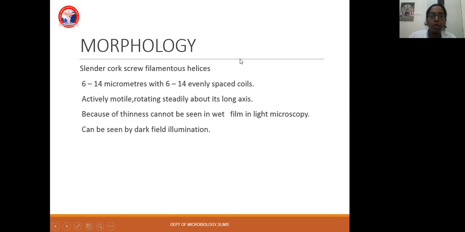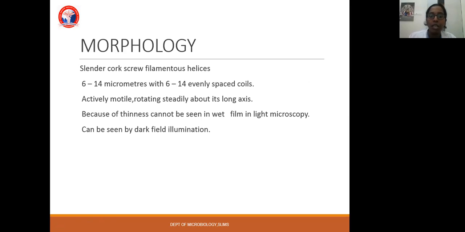So we'll see the morphology. They are slender, corkscrew, filamentous helices, about 6 to 14 micrometers, with equally spaced coils. They are actively motile and rotate steadily about the long axis.